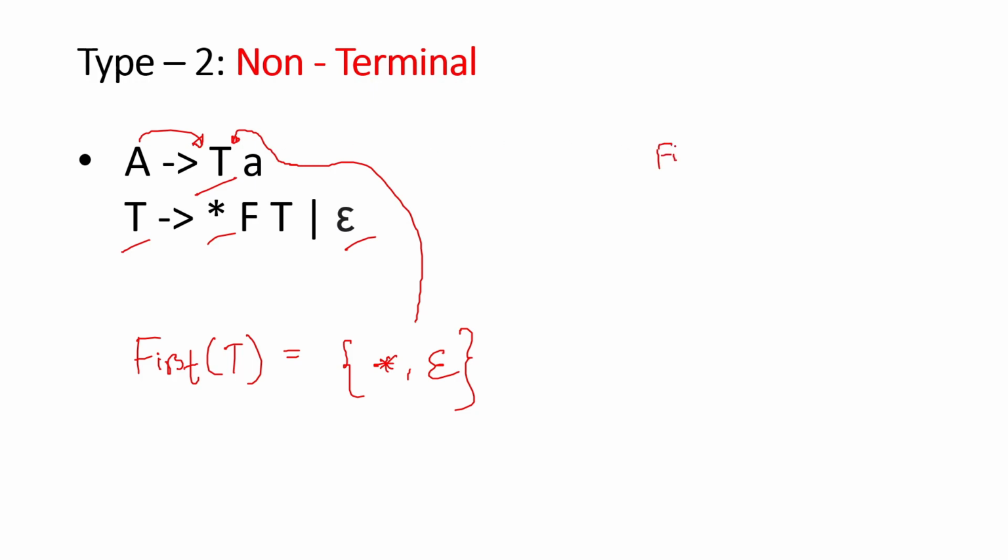If I replace it, then what will happen? Let's say I replace this one with the first of T, then I get star A. Again I have an epsilon, so when I replace it with epsilon, I get only A. Thus I have two results.